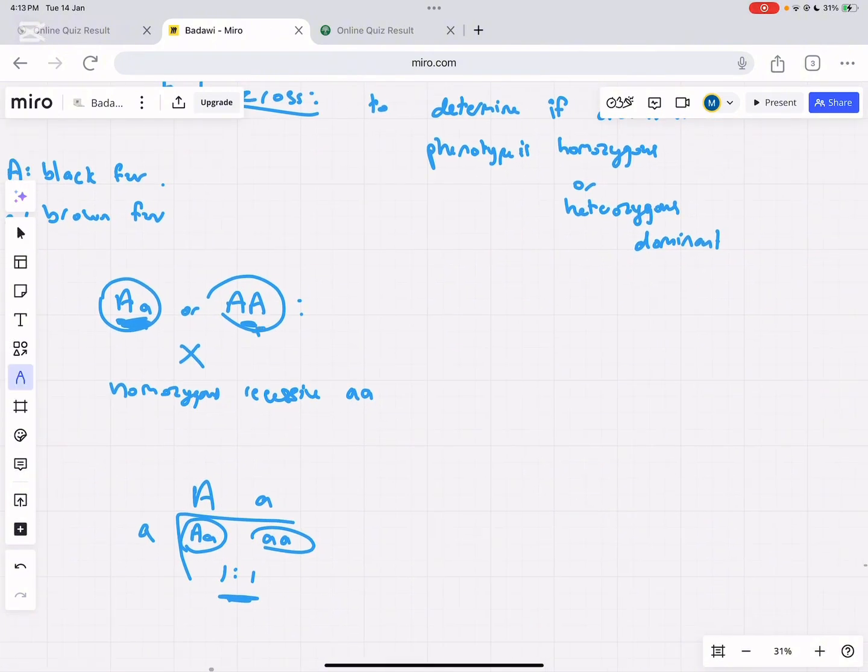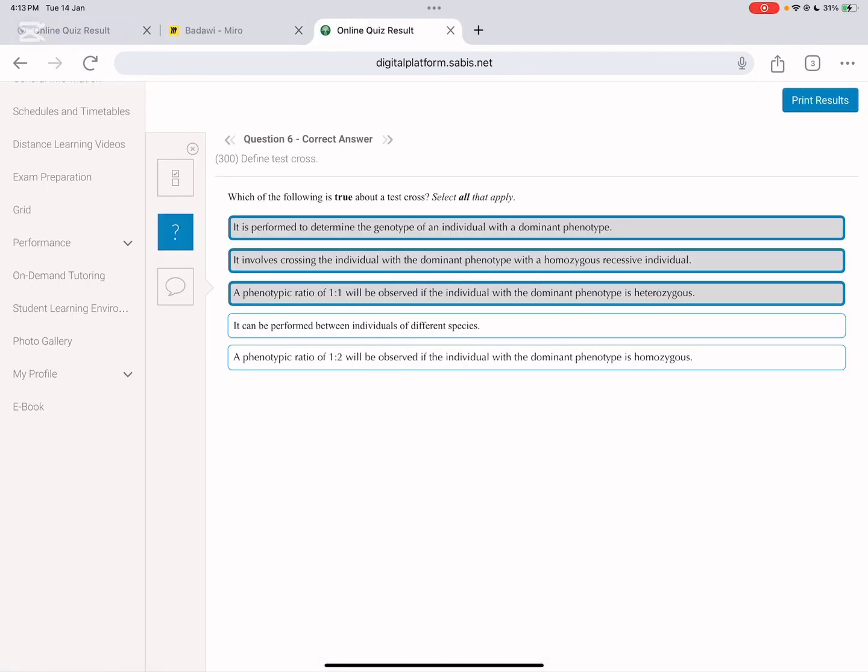Now, if it was homozygous, what will I get? I will only get one phenotype, which is the dominant phenotype, and I will directly know that my original phenotype was homozygous dominant. So let's look at the options. It is performed to determine the genotype of an individual with a dominant phenotype.